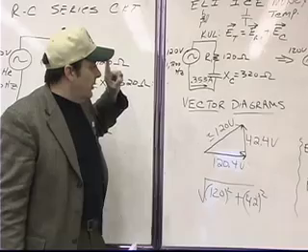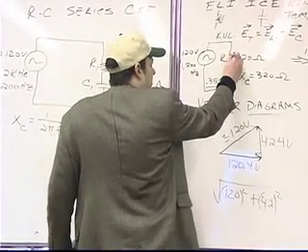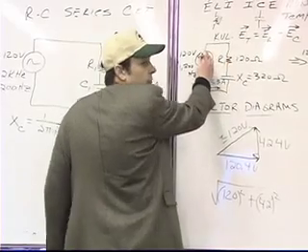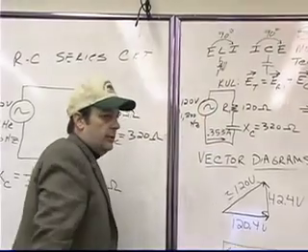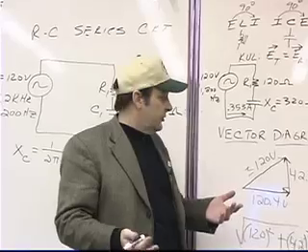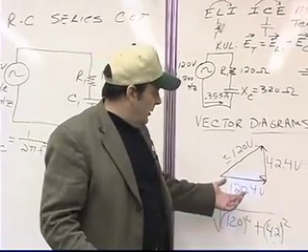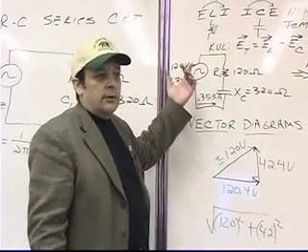But notice something very interesting here. We have 120 here, and we have 40 here, and this is only 120, right? The reason is because we're doing vector addition. We're not doing scalar addition. If we were doing scalar addition, this would be 120 plus 42, that'd be 162, right?